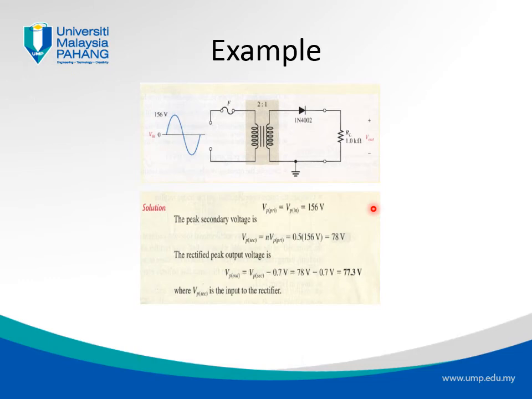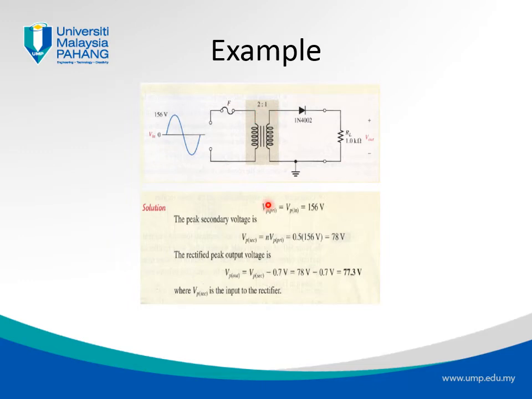So here we have an example of the application. Imagine we have at the input a sinusoidal waveform with a maximum voltage or peak voltage of 156 volts, and we have a transformer stepping down ratio of 2 to 1. So what does it mean?